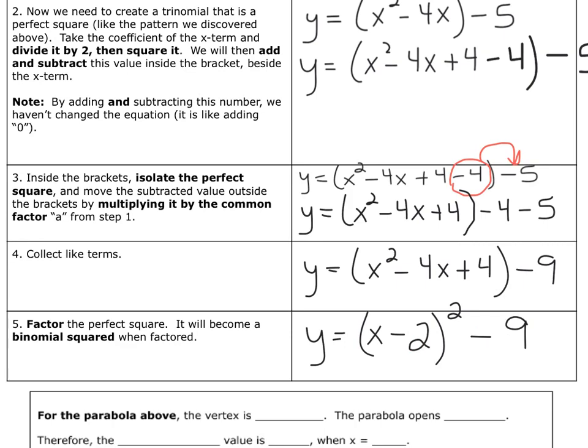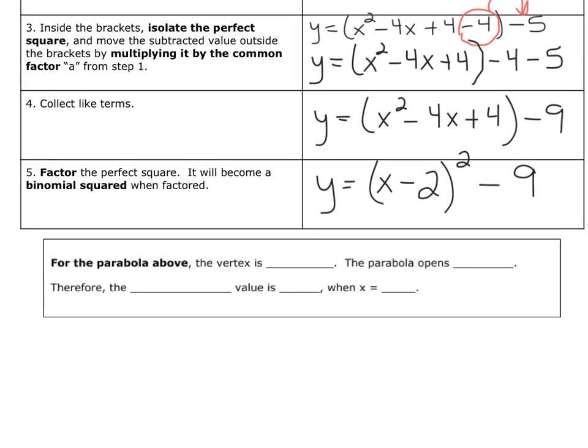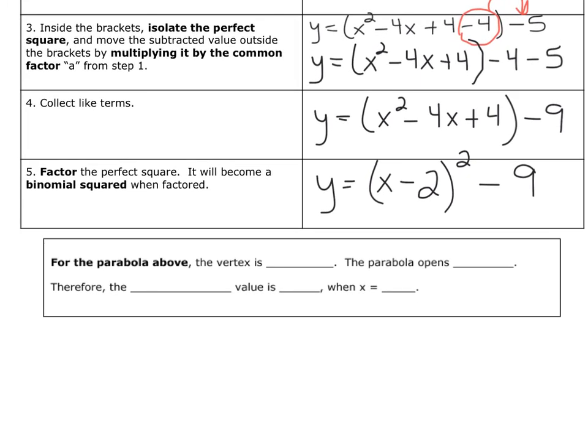So let's take a look and see what information we can pull now that we have our equation in vertex form. So for this parabola above, what is our vertex? We have to fill that in here. Remember, when you are reading your vertex, the h value is the number inside the bracket. However, you need to read it as the opposite.